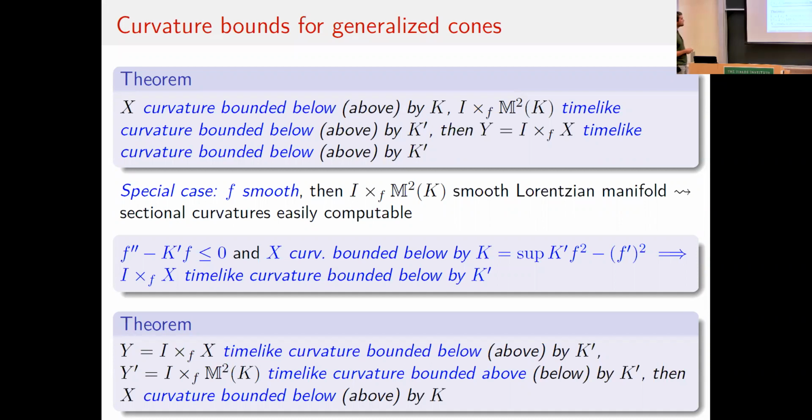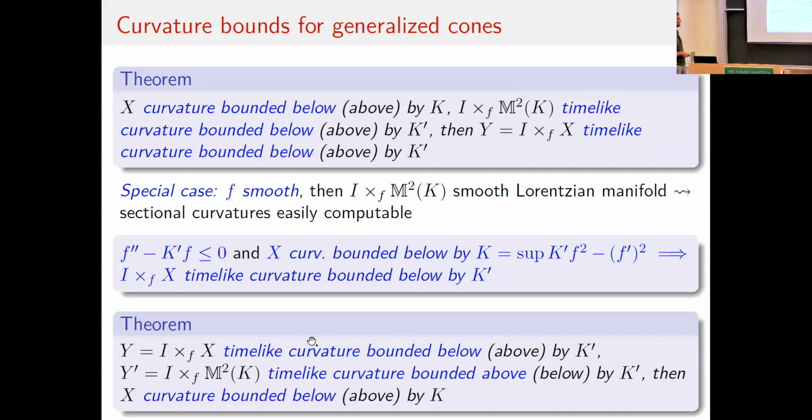So for the other direction, assume that your generalized cone has timelike curvature bounded below by K prime, and the generalized cone over the constant curvature space MK has timelike curvature bounded above by K prime, then you can say that X has curvature bounded below by K. So here you need a mixed bound.